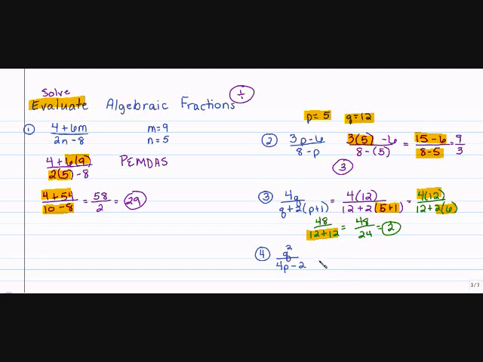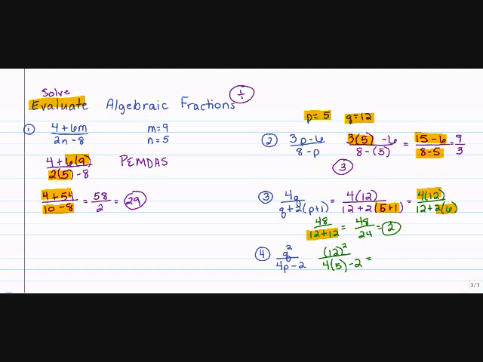The next one. Q squared divided by 4p minus 2. My Q is 12, so I'm going to substitute the 12. Don't forget about the exponent. Divided by 4 times, my p is 5, minus 2.